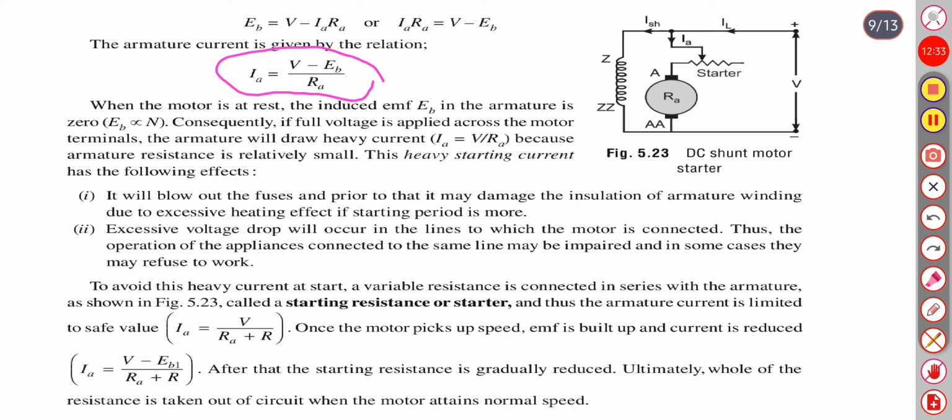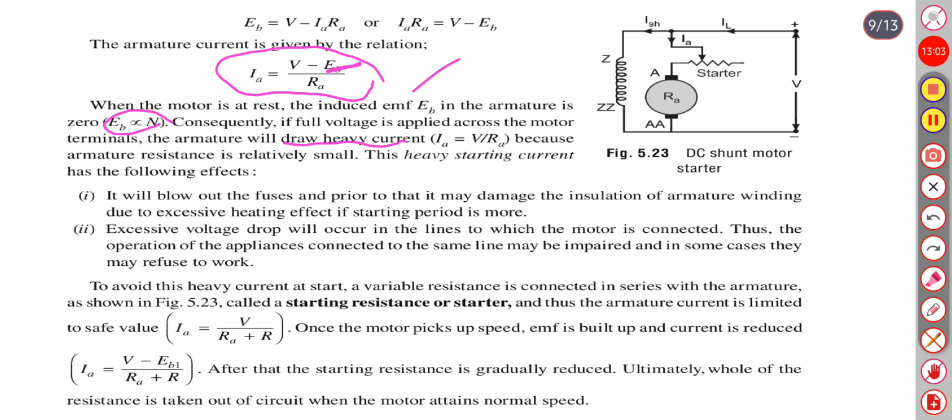When the motor is at rest, the induced EMF or back EMF in the armature is 0, and Eb is proportional to N. Consequently, if the full voltage is applied across the motor terminal, the armature will draw a heavy current because in that case Eb is 0, so I will be V upon Ra.